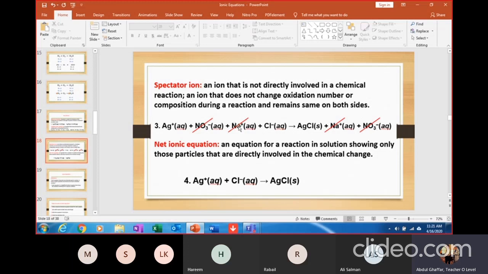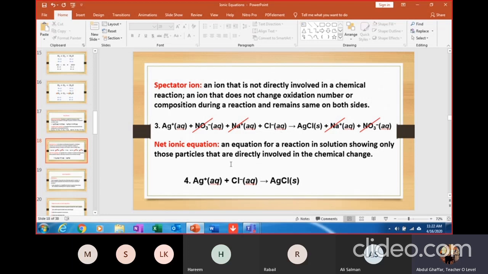Sodium, aqueous state, plus 1 charge, sodium in aqueous state, plus 1 charge. Nitrate also has minus 1 charge. A spectator ion is not directly involved in the chemical reaction, and its oxidation number, charge and state will remain the same.